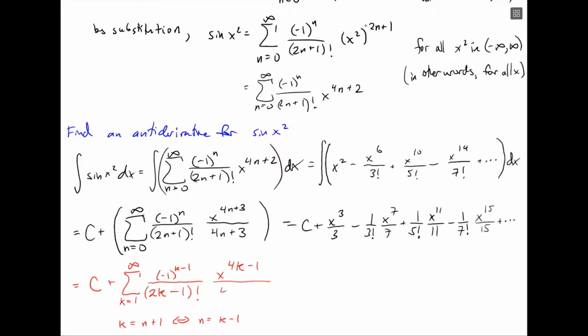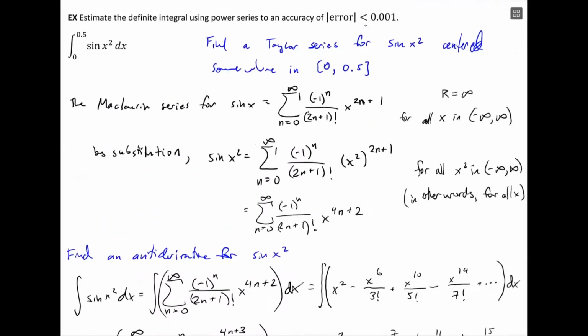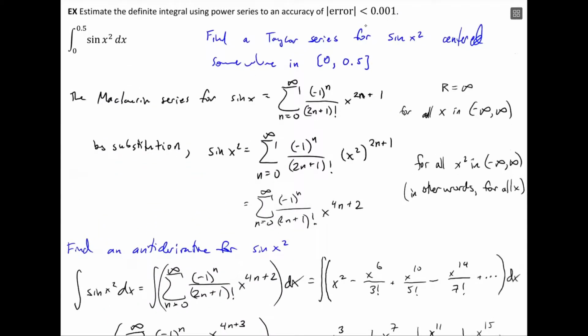Same thing down here, 4k minus 1. So you could also write it like that, a lot of different ways that you can rewrite these things. Anyway, we've now got our antiderivative, and so let's go ahead and figure out our definite integral.